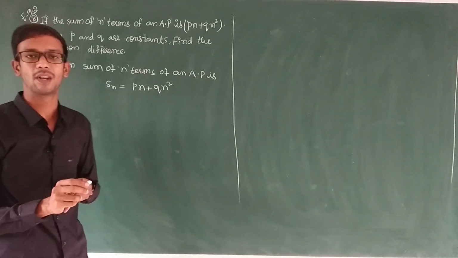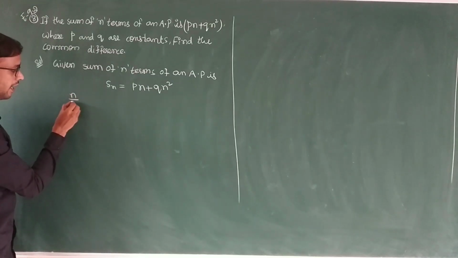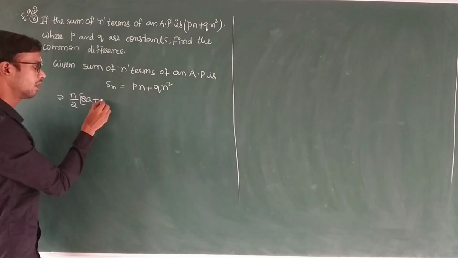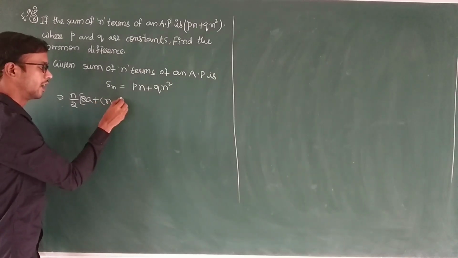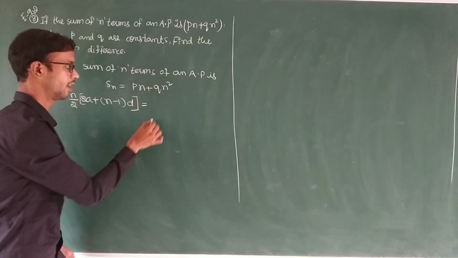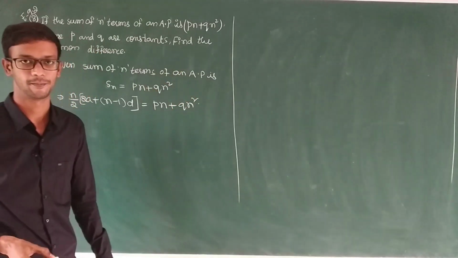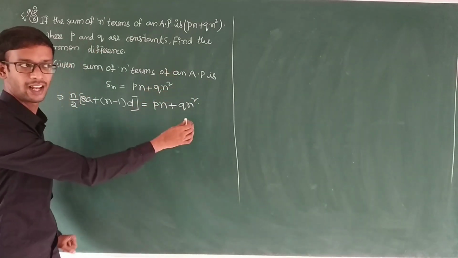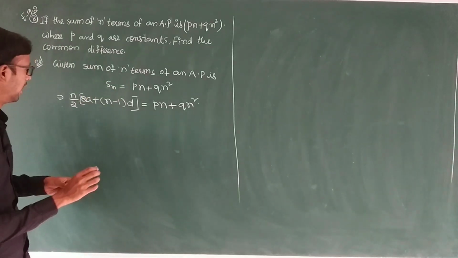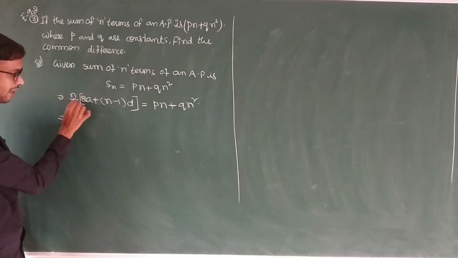What is the S_n formula? On the left side, n by 2 into (2a plus (n minus 1) into d) is equal to Pn plus Qn square. On the right side we are not changing anything, only writing the formula on the left side. Next, multiply n by 2 inside.